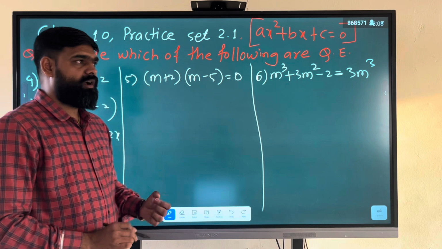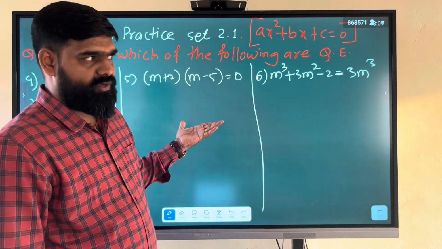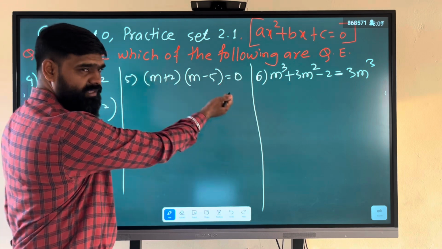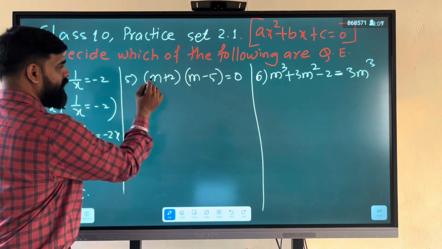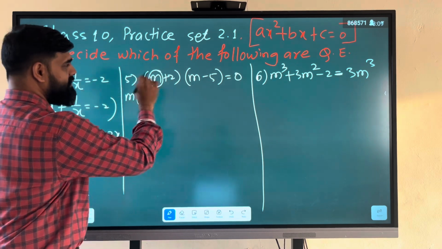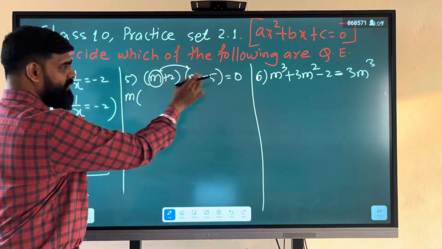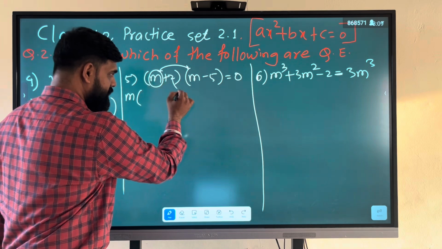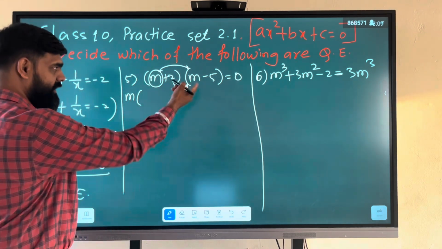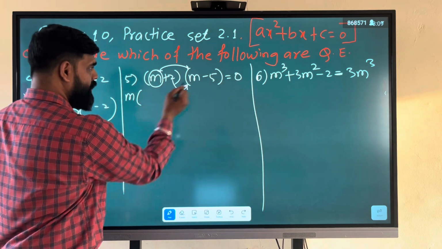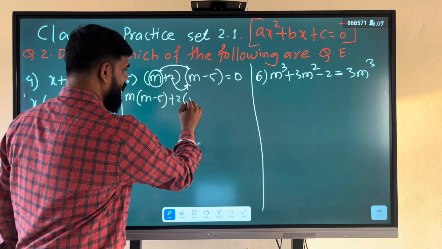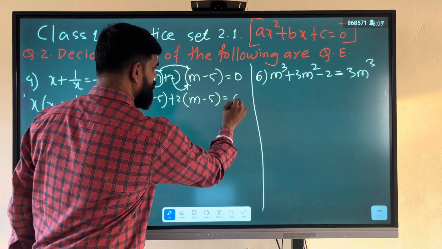Question number 5. Now we have to simplify this question also. So how to simplify this? We have to multiply this bracket with this bracket. Let us multiply this m with this bracket first, and after that multiply this 2 with the second bracket. So this will be m into m minus 5 plus 2 into m minus 5 is equal to 0.